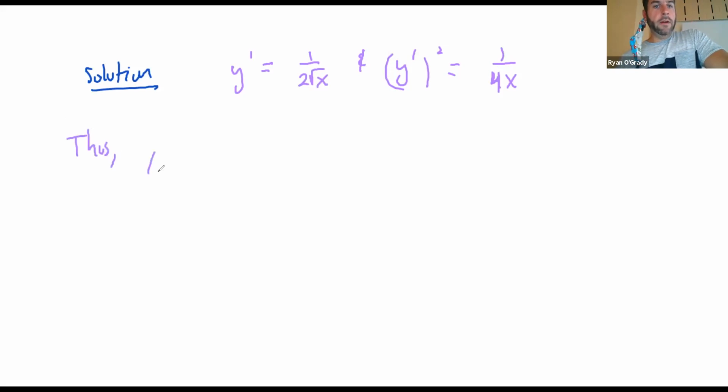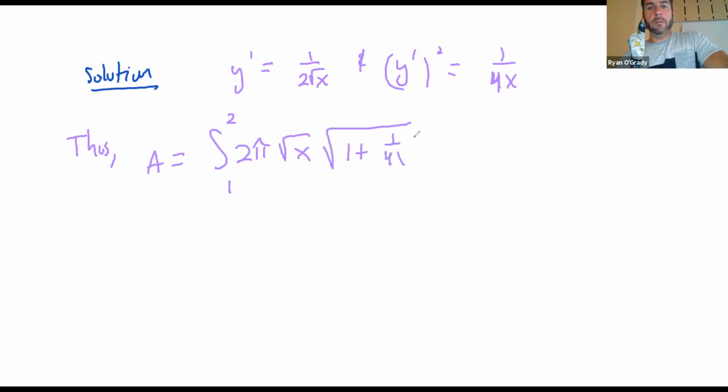So the area is the integral from 1 to 2 of 2 pi f of x, which is the square root of x, times the square root of 1 plus 1 over 4x, dx, which looks bad. But this one turns out to be even easier once we make the appropriate algebraic move.